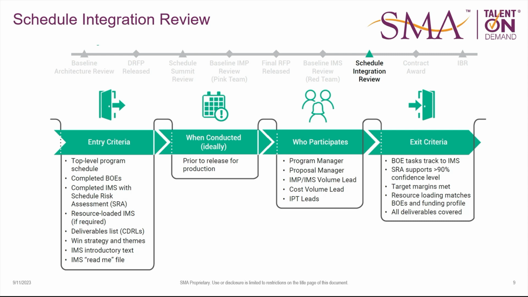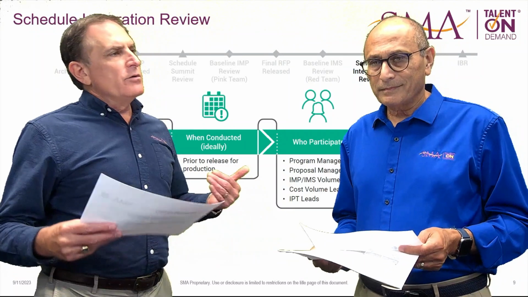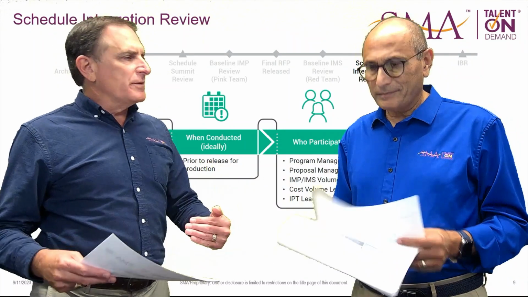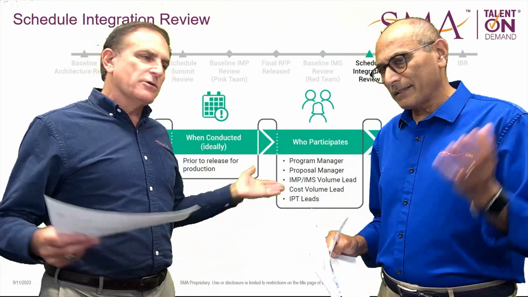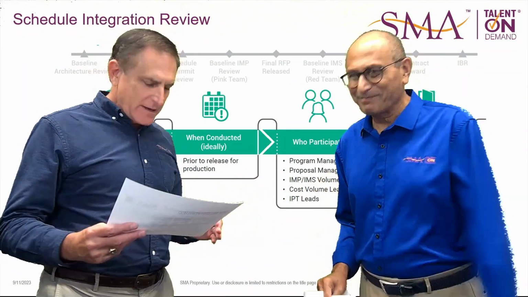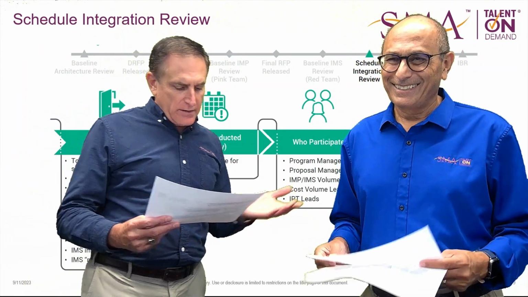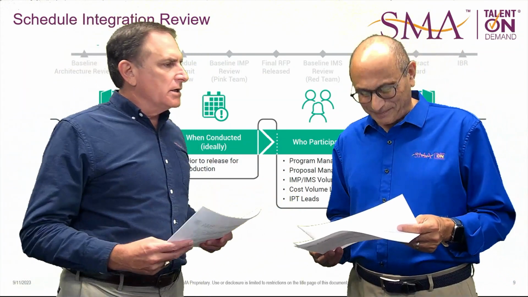But if you take the time to build out views and filters, as well as a document that accompanies it that says, here's all the things we've done, here's how it's organized, here's what the colors mean, here's what the verbs mean, you're now helping the evaluators make it easier to evaluate. Everything in our proposal process, make it easy to evaluate. Right? That's right. And then score high. Yes, score high. And then also the README file for the IMS.